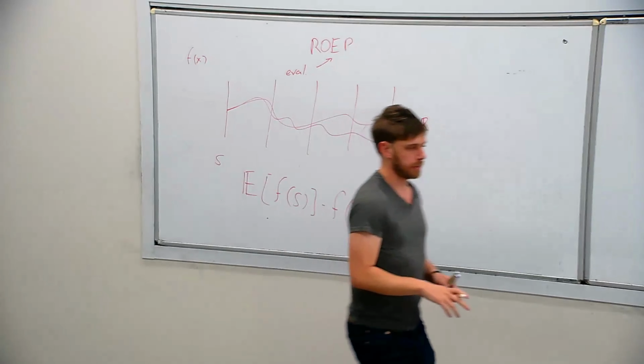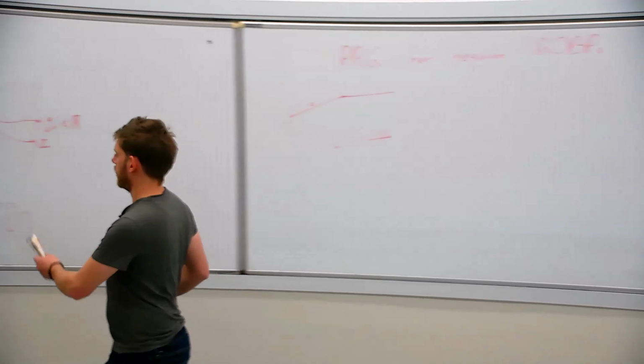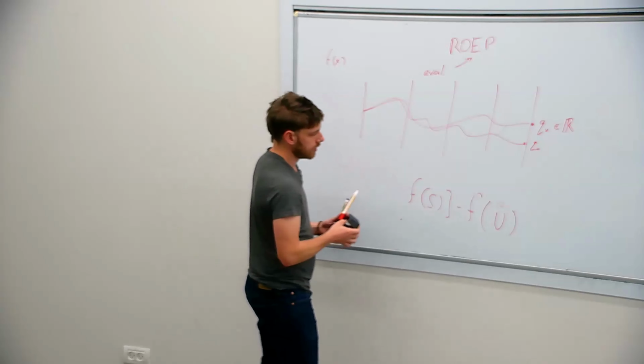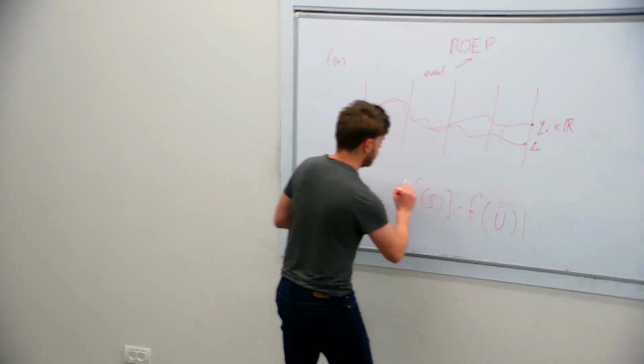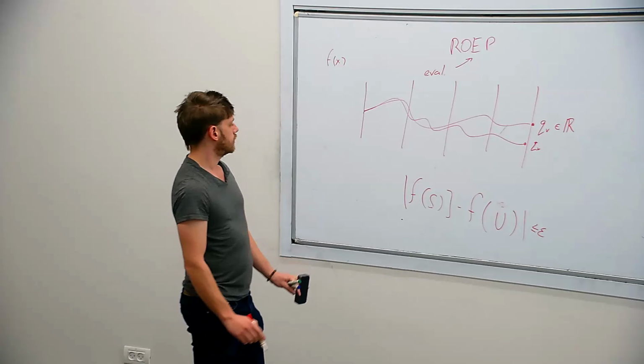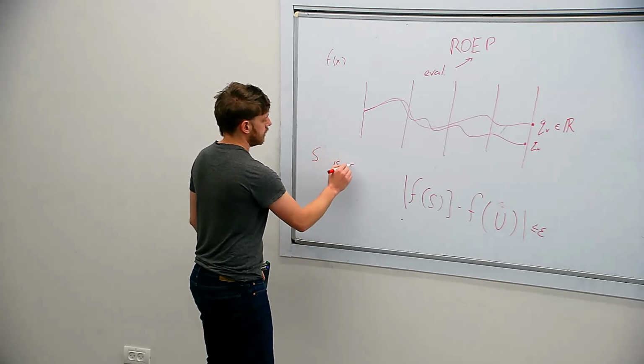Let me omit the expectation: whenever I write f with a capital letter, it will mean the expectation over the uniform distribution.